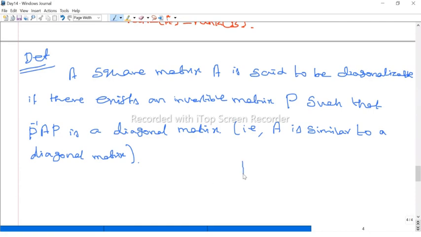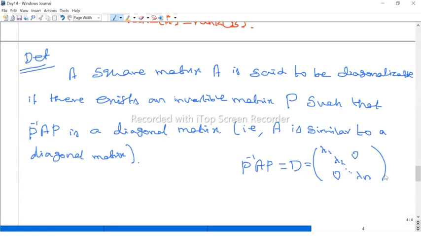So this P inverse AP should be D. What is this D actually? D has only diagonal elements non-zero, all others are 0. The diagonal elements are nothing but the eigenvalues of A, that is lambda 1, lambda 2, etc., lambda n, all others are 0. So we get the diagonal matrix.